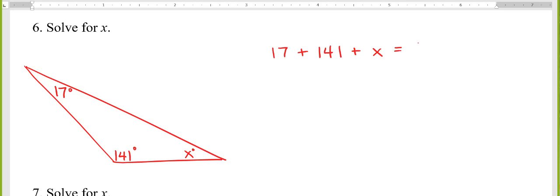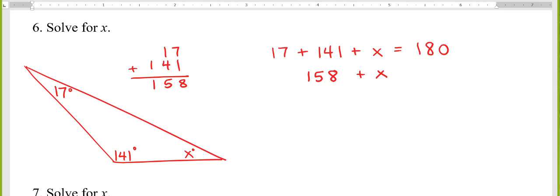Good. Okay, 17 plus 141. I got 158. So 158 plus x is supposed to equal 180. What are you going to subtract from both sides? Subtract 158. Good.